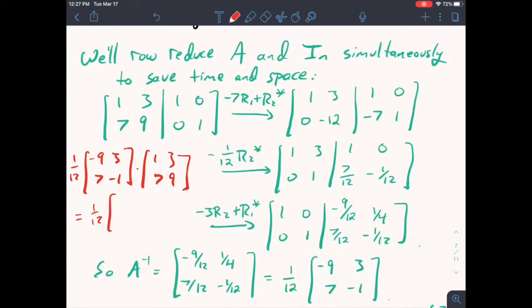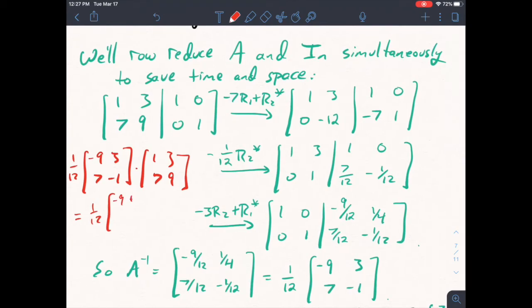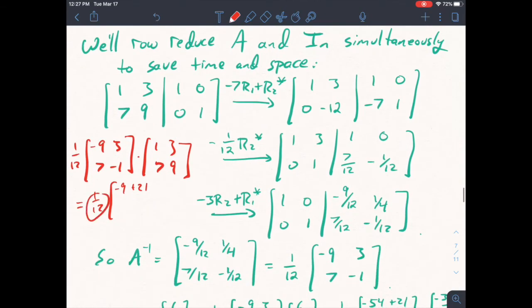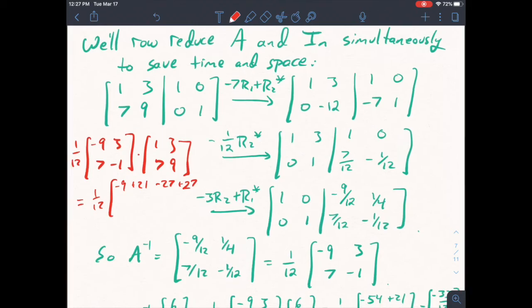So our first entry should be negative 9 plus 21. That's equal to positive 12, which is going to become a 1 because of this right here. Our next entry will be negative 27 plus 27, right? Negative 9 times 3 plus 3 times 9. That'll be 0.